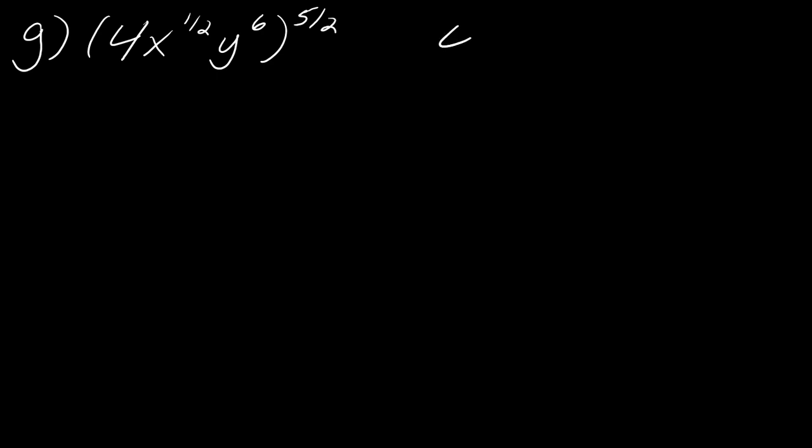So 4 to the 5/2. If I want to shorthand that, I know that I'm going to start by taking the square root of 4. So this is really going to equal 2 to the 5th, right? Because I just take the square root of 4. So this is a shorthand I'm showing you. And 2 to the 5th is going to equal 32. So I can do that on the side. I could also go ahead and multiply these exponents by 5/2.